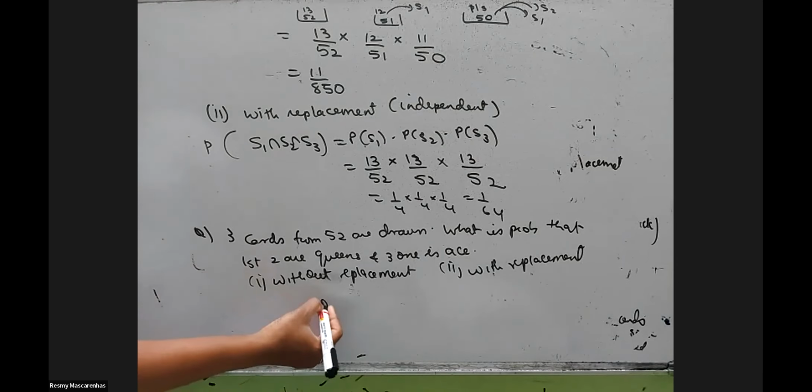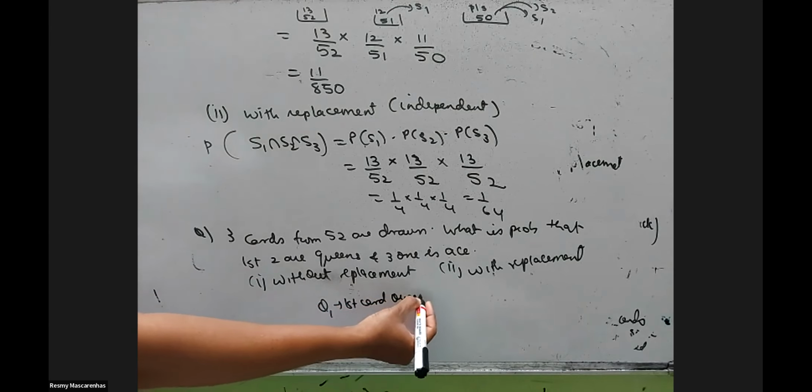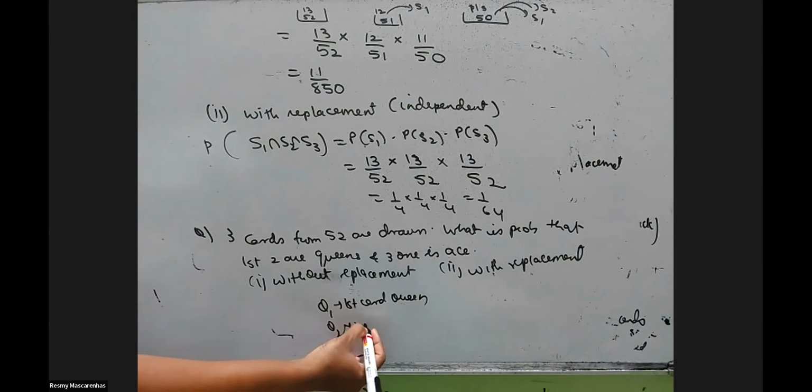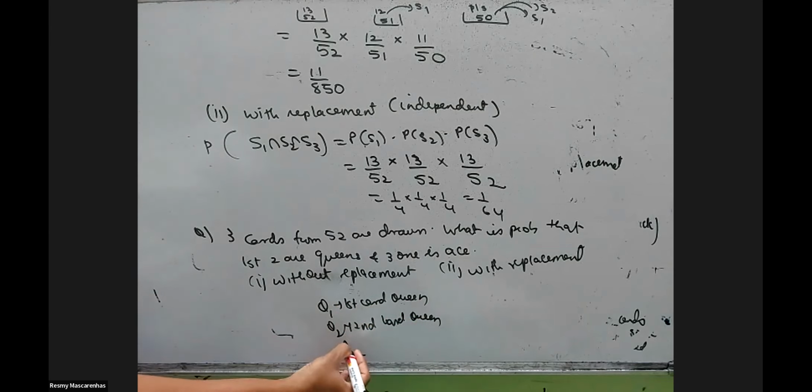So we'll assume Q1 is the first card queen, Q2 is the second card queen, and A will be ace, the third card.